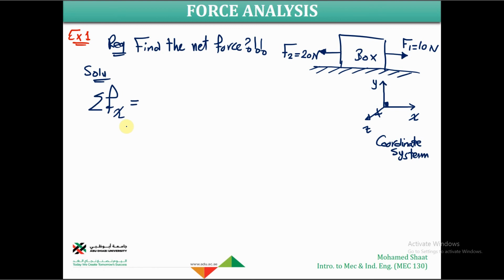This is the net force that is required, the sum of these 2 forces. I would like to combine them into one force, like one pull from one direction with 10 Newton, the other pulling in the other direction with 20 Newton. For some reason, I would like to combine these 2 forces into one force. How much is it? This is the net force.